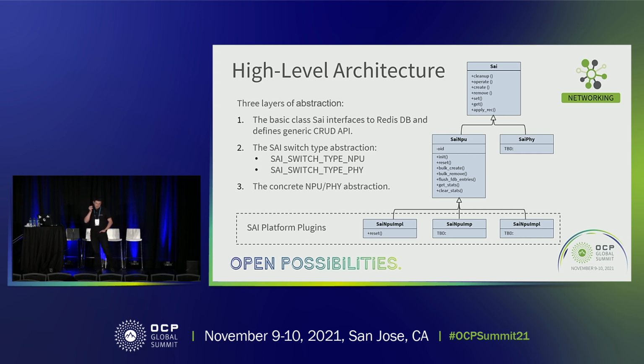So if you need some specific configuration to be applied before you run the test cases, with just a few lines of code you can add that specific configuration. Let's say you have some specific hardware table where you need a default entry to make it work. So you can do it. If you do not need specific configuration, you can just go ahead and use the SAI NPU abstraction.